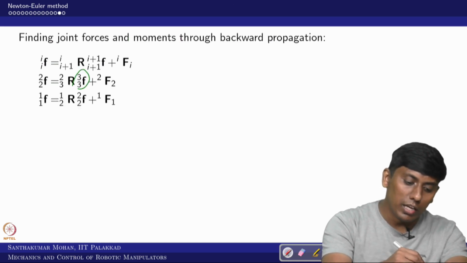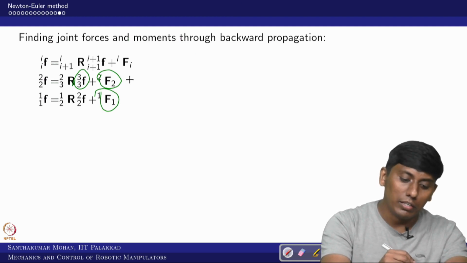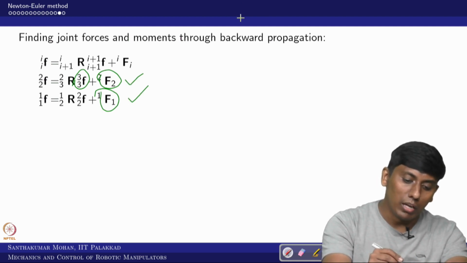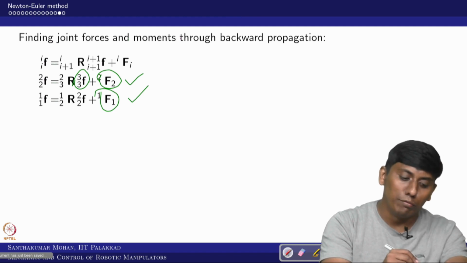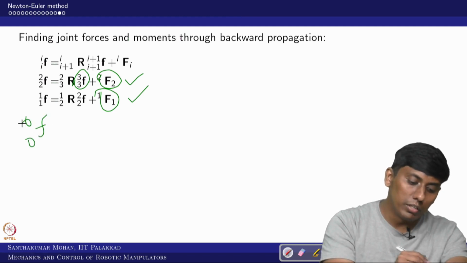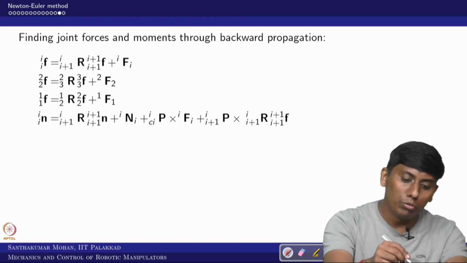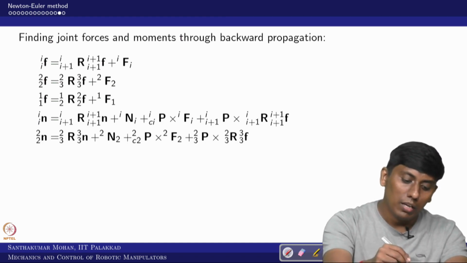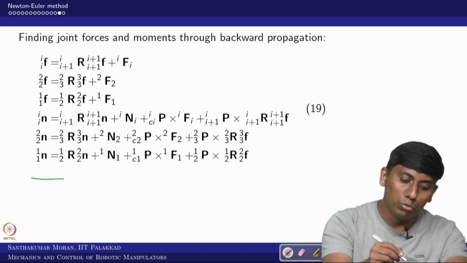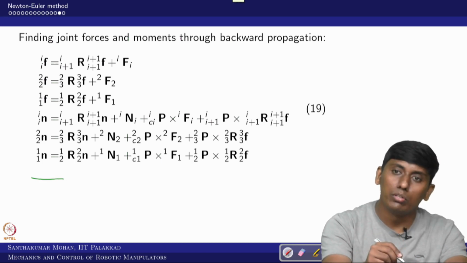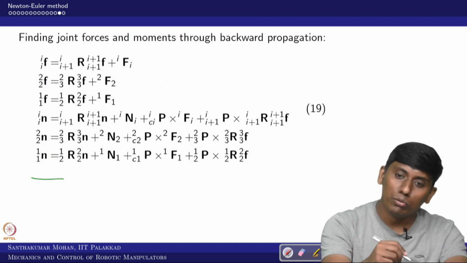These are zeros, but these are the initial moments and initial forces. Then you can calculate. If you want shaking forces, you can go till 0. Similarly, the moment you can calculate backward, up to 1. If you want to know the shaking moments, you go up to 0.